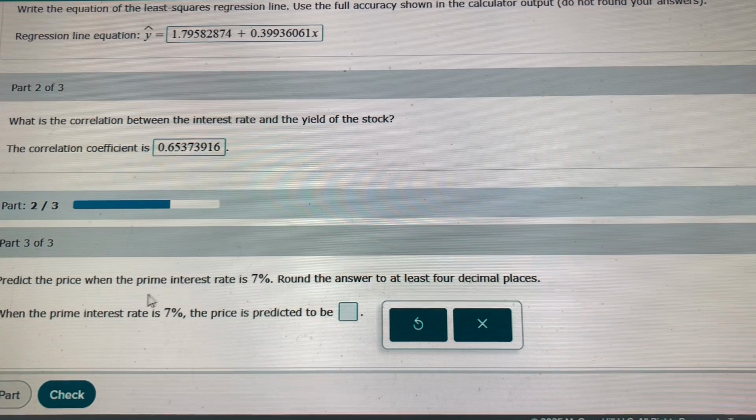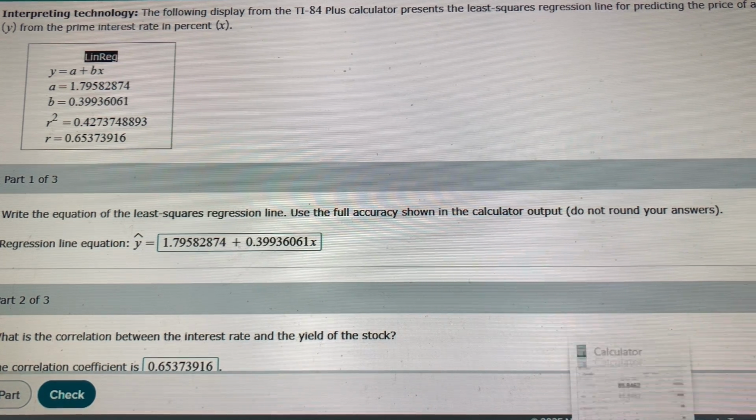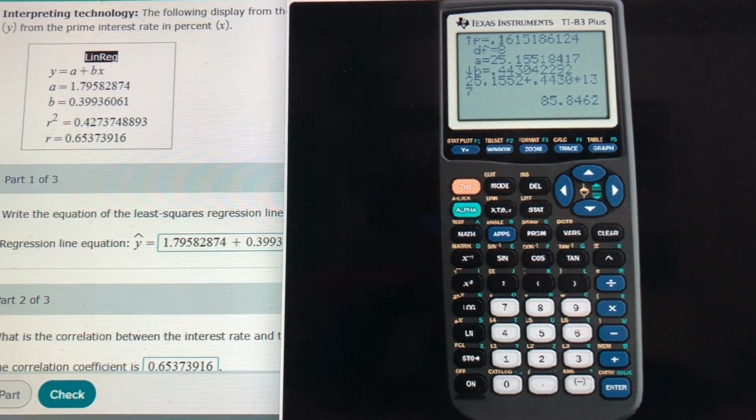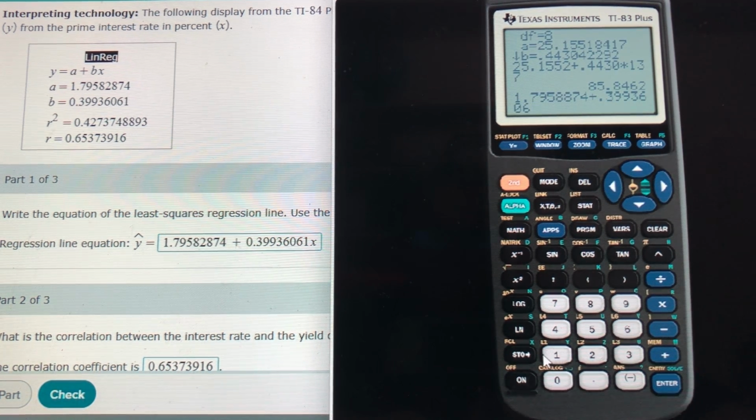Predict the price when the prime interest rate is 7%. The prime interest rate is X in a percentage, so put the 7 right in for X. 1.795828874 plus 0.3993661 times the 7%, but leave it as a percentage.